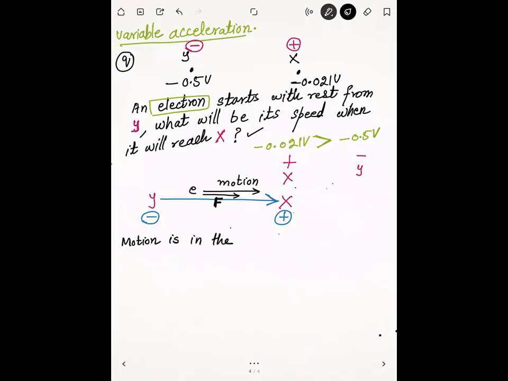Motion is in the direction of electric force.